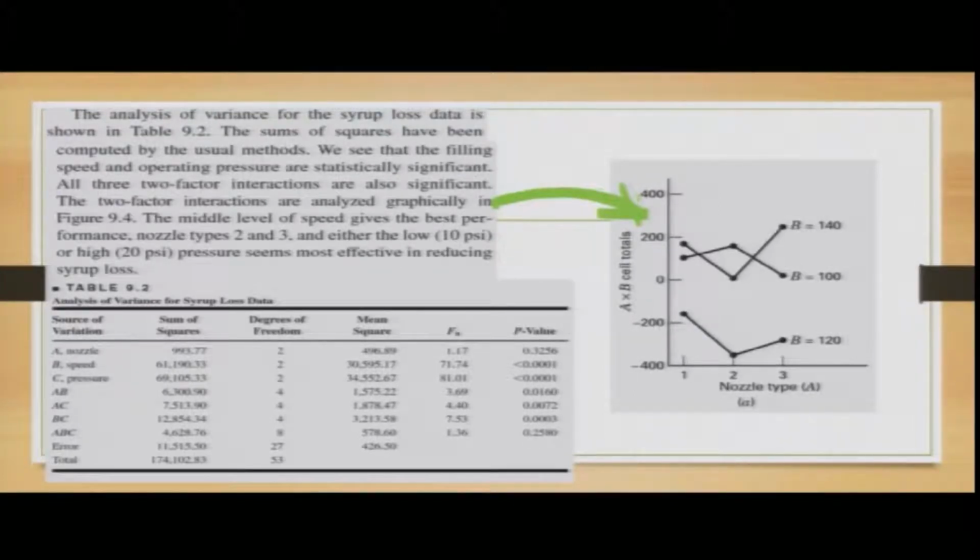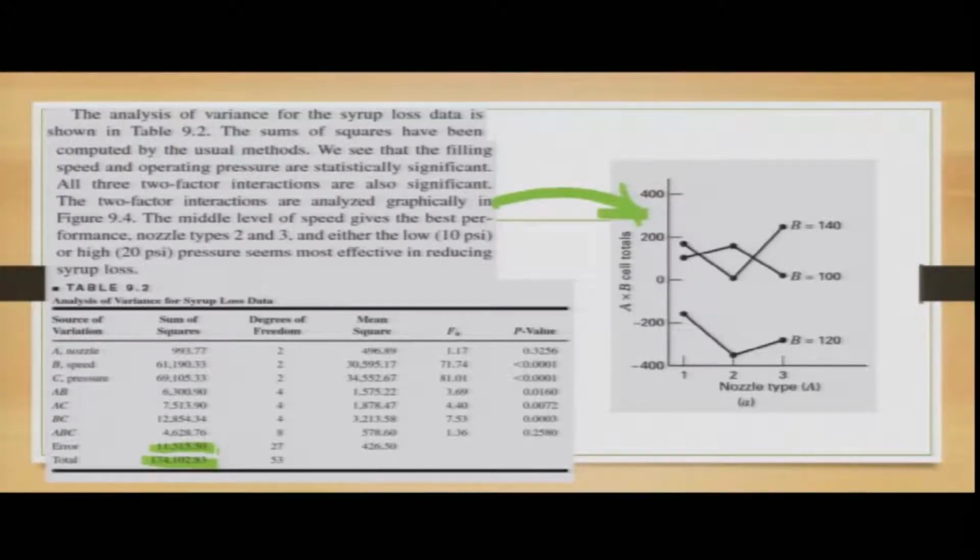If ABC combinations are there, obviously you will consider all three of them at different combinations, and obviously there would be an error. The sum of the squares of the error is given. The error value comes out to be 11,515, which is this value, and the total sum of squares comes out to be 1,74,102.